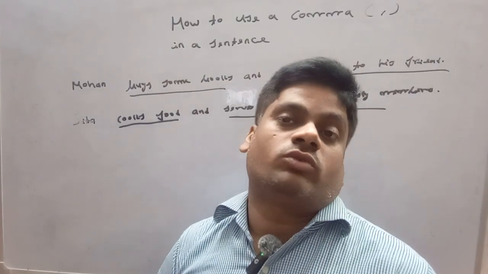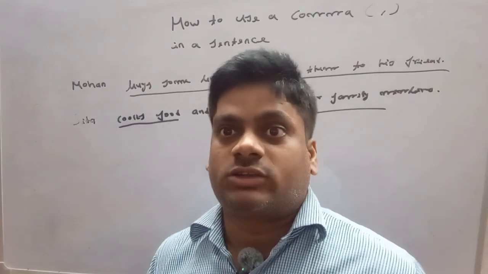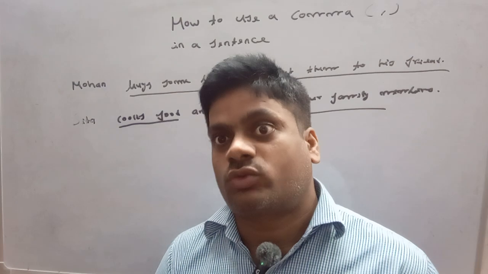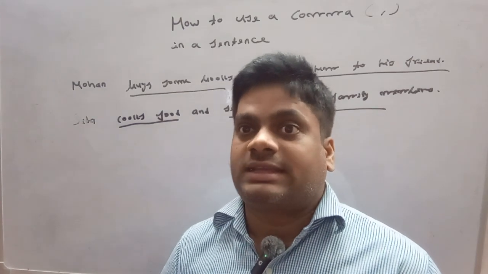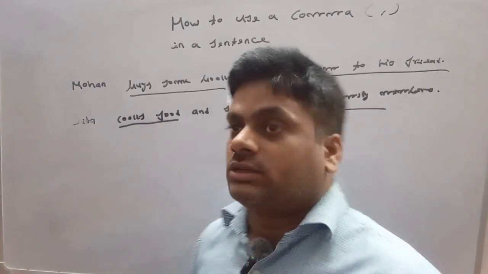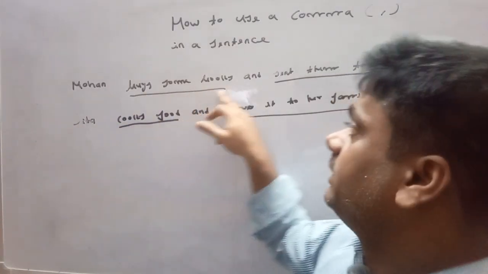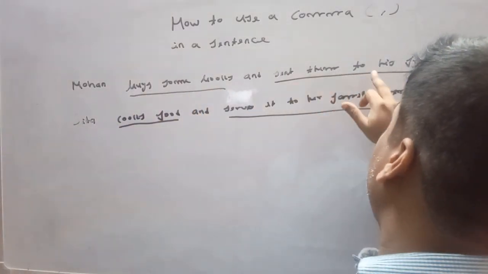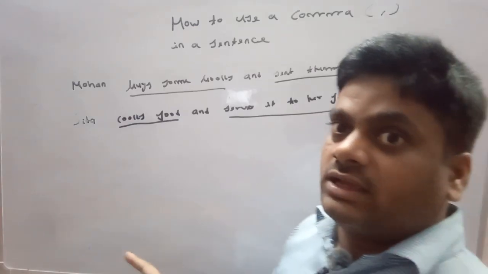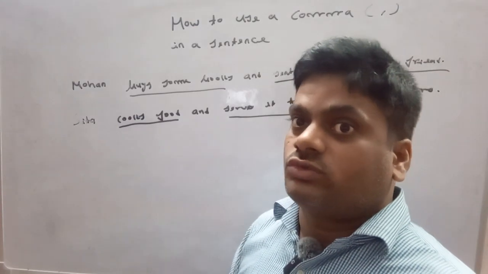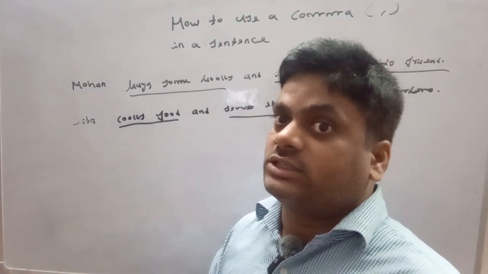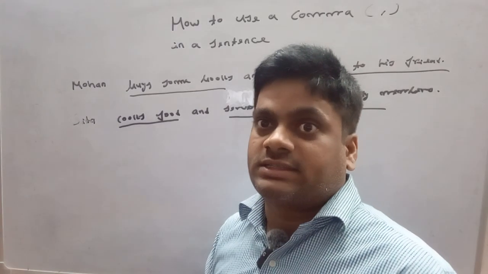So when we connect one predicate to another, we cannot use a comma between them. Here some books is the first predicate, and sent to his friend is another predicate, and we cannot use a comma because we are connecting two predicates, not two sentences.